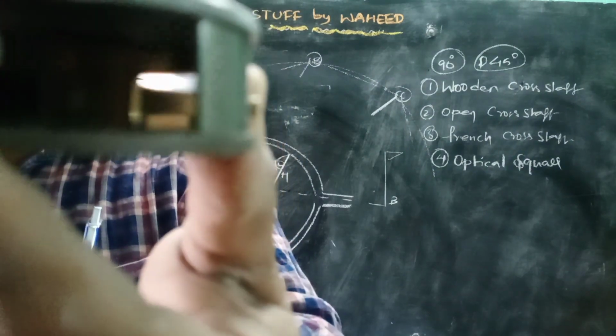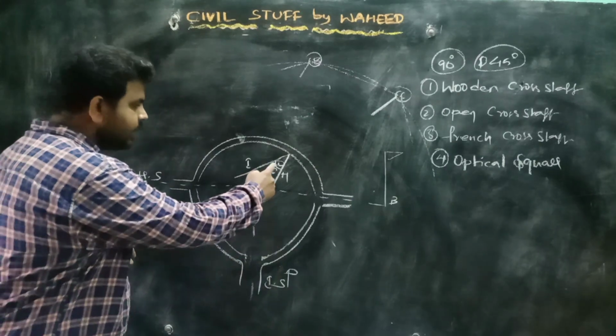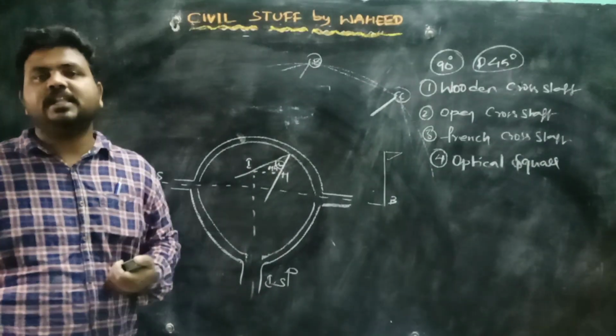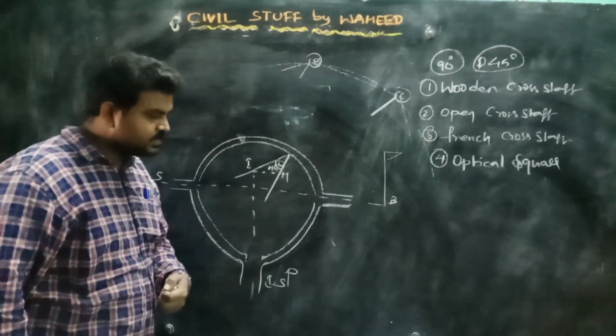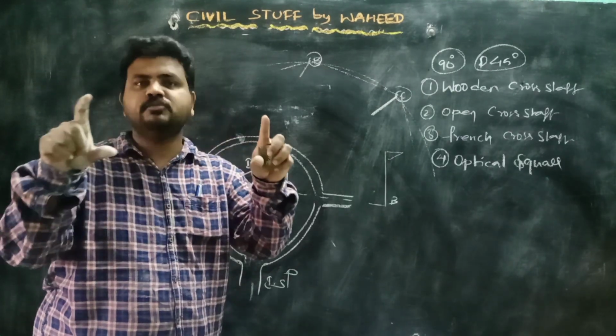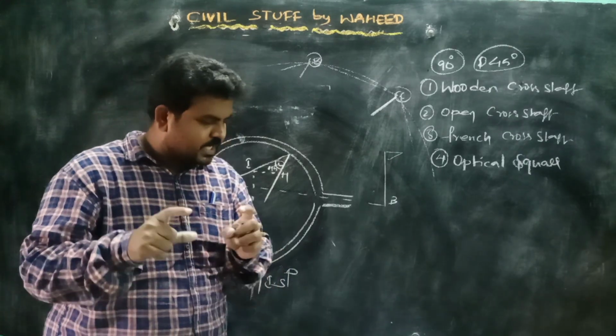You can see the two mirrors which are placed. Here the angle is made in such a way that a 45 degrees angle is maintained between these two glasses.